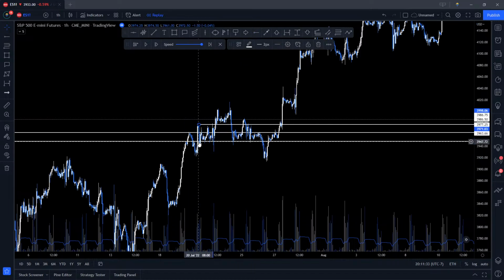It's never going to be perfect, but we're basically just looking for a touch. This wick went through it, but it acted as support for a second there. Touch here, touch. Quite a few here.